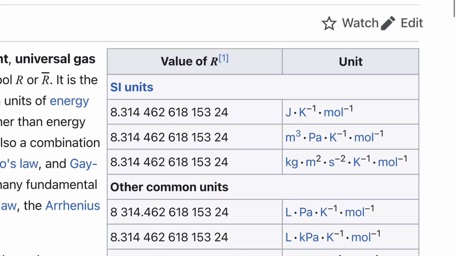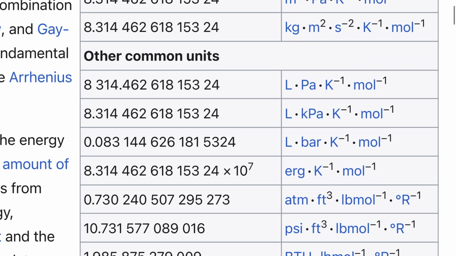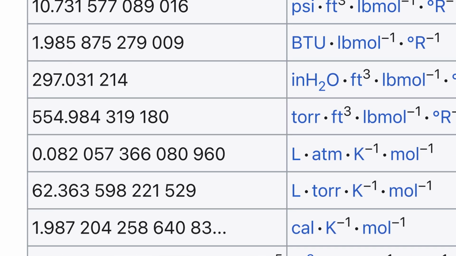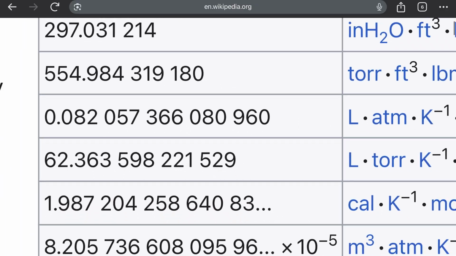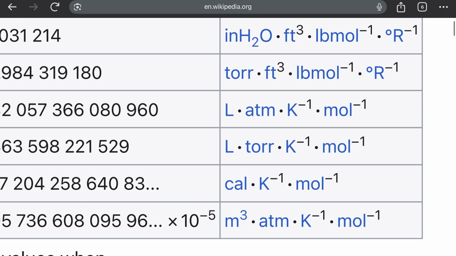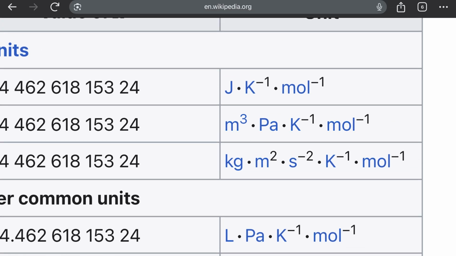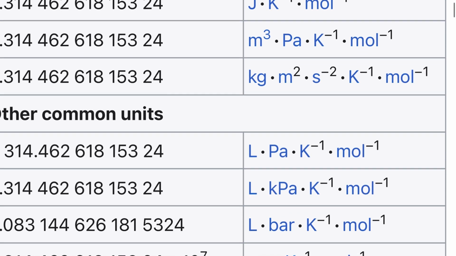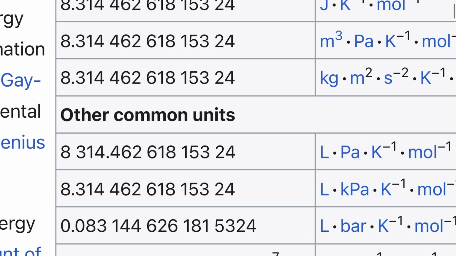We will be using mostly just these top three, and we will also be using this one, the liters, atmosphere, mole, Kelvin that is in the center of the screen, because that one uses atmospheres, Kelvin, mole, all of the things that we are used to using. We might possibly use that last one, the kilograms meters squared, or the pascals and the kilopascals one.